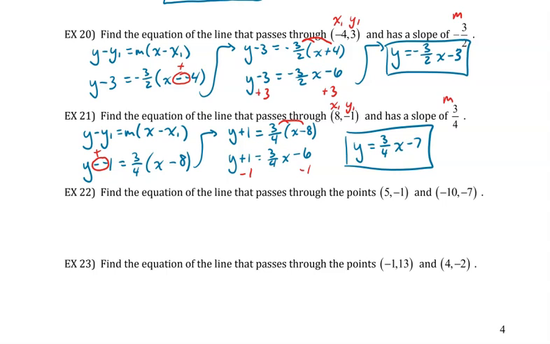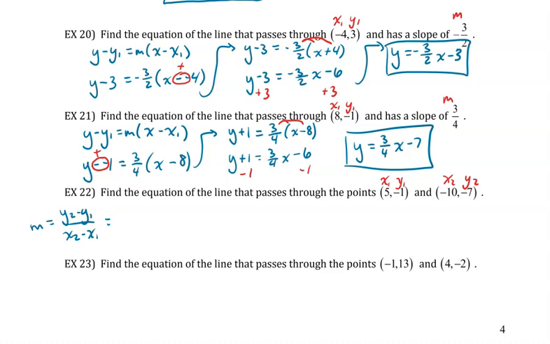So again, this was in part 1, so make sure to watch that if you haven't. But this is going to be x1, y1, x2, y2. And the slope formula is m equals y2 minus y1 over x2 minus x1.